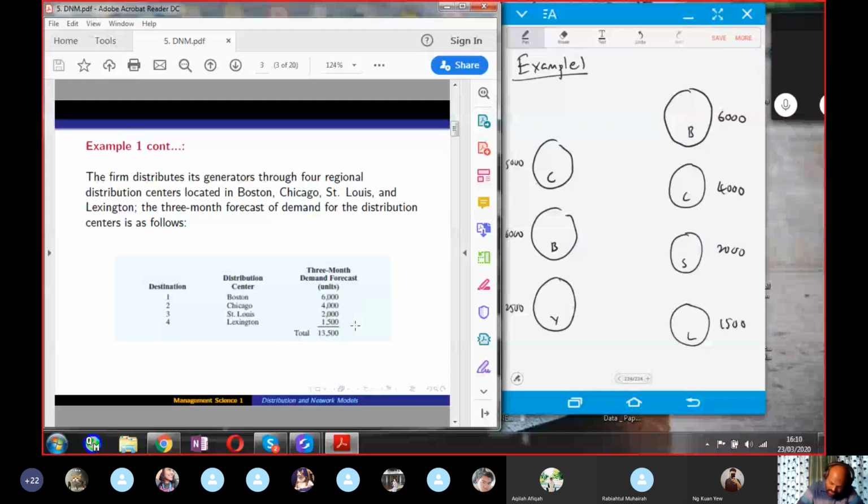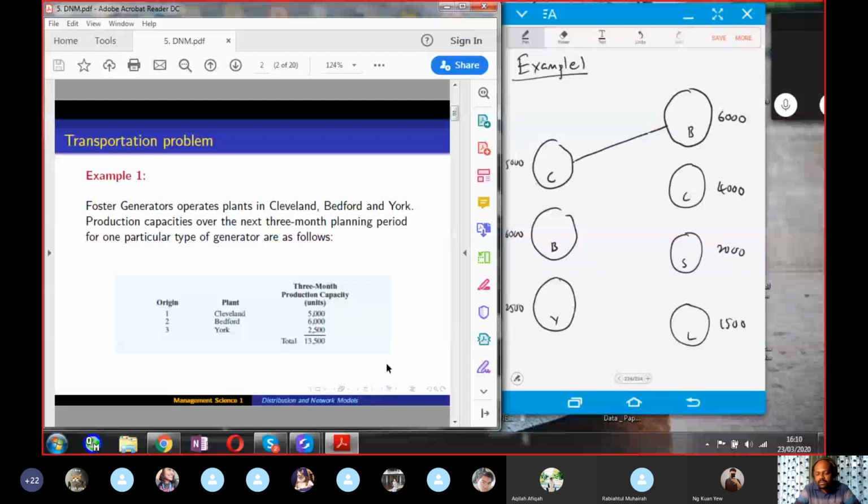Cleveland will send some units of product to Boston. It also can send to Chicago, it also can send to St. Louis, and it also can send to Lexington.